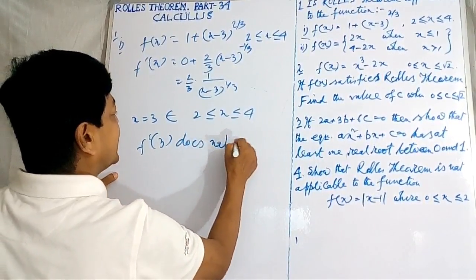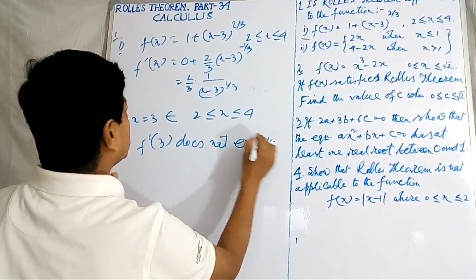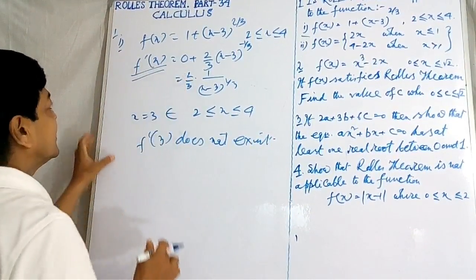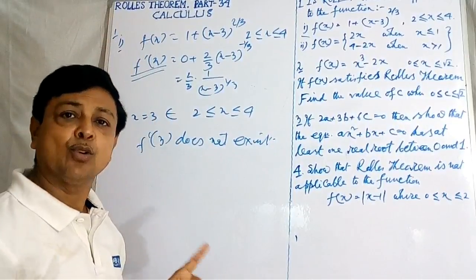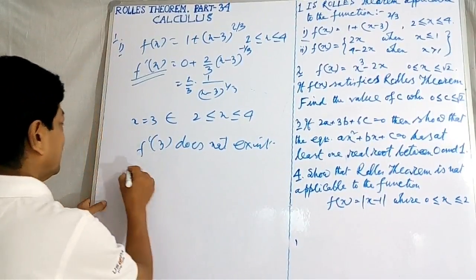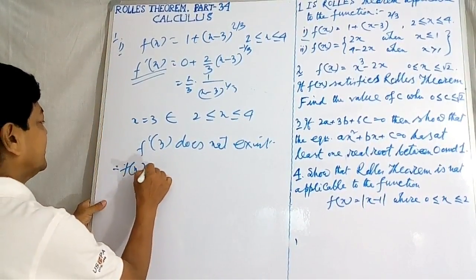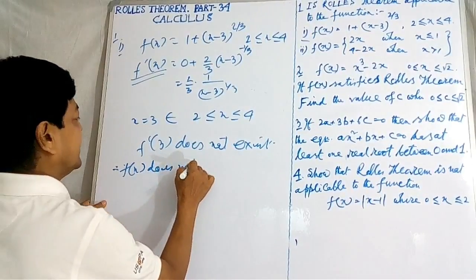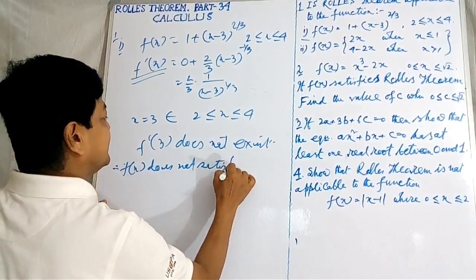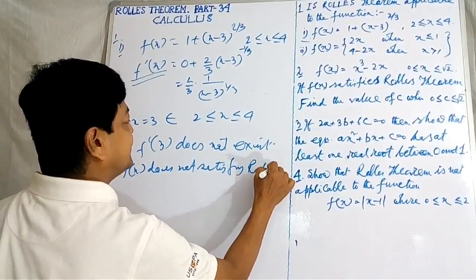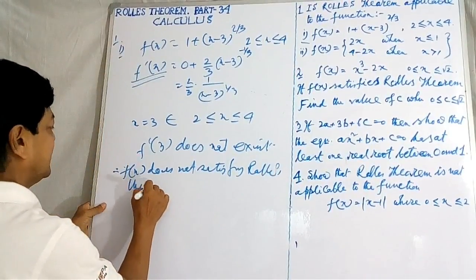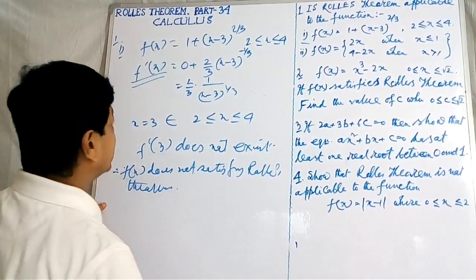So this does not exist. So this function does not satisfy Rolle's theorem. Okay? So f(x) does not satisfy Rolle's theorem. And this is complete.